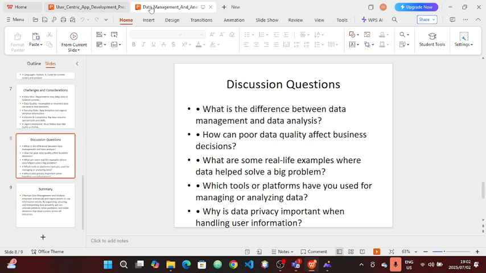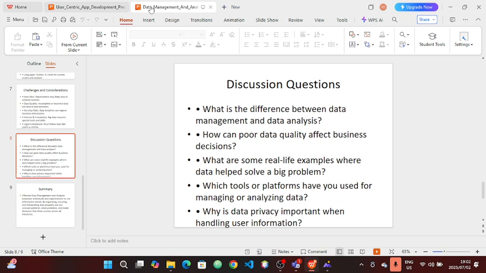And also, data management focuses on infrastructure, tools, and policies around data handling. And data analysis focuses on patterns, trends, insights, and conclusions. And then tools, we did mention tools.